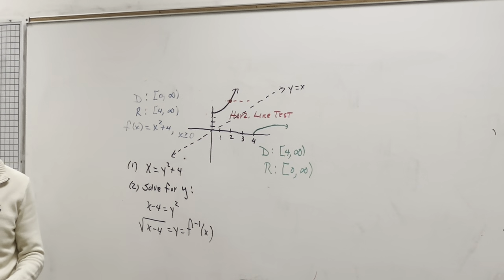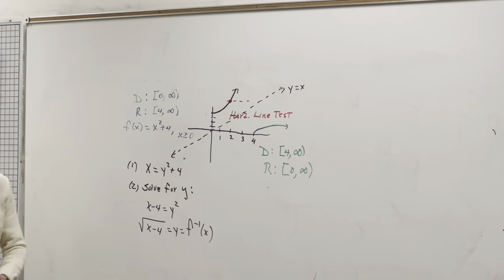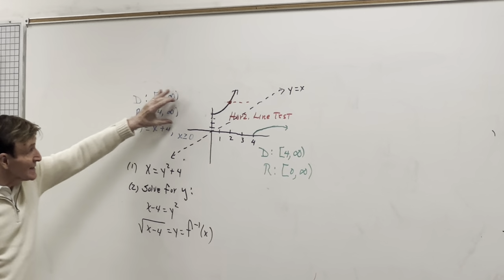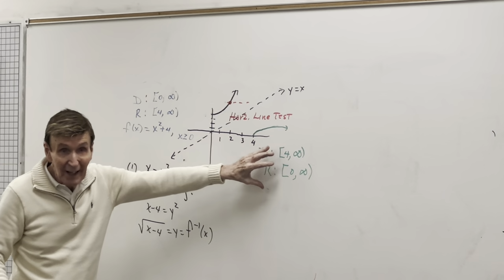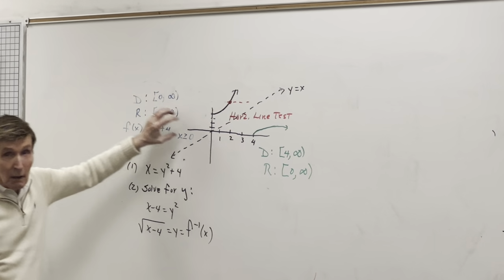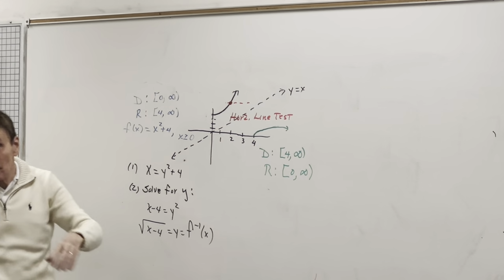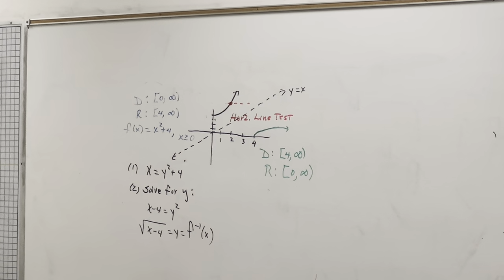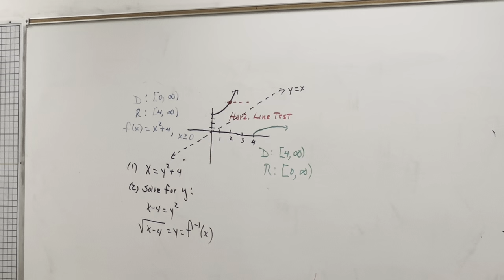If I look at the two graphs, take a look at the domain and the range. The domain and range of the blue, which I graphed in black, is this. The domain and range on its inverse, the green, is this. What happened? You compare the domain and range on the original function and on the inverse. They interchange. Did one become the other? It always happens if you're dealing with an inverse.